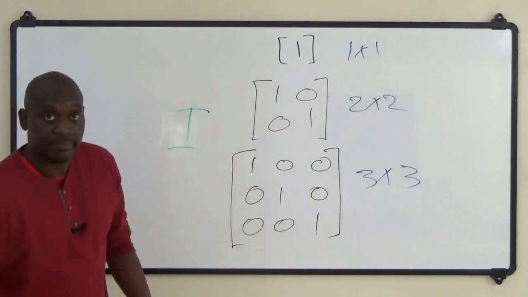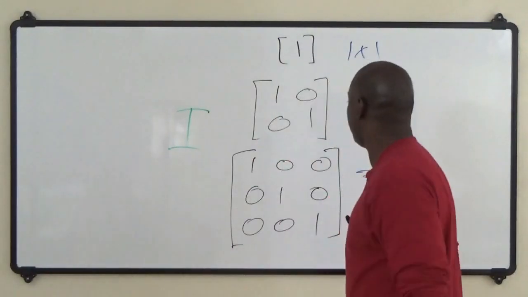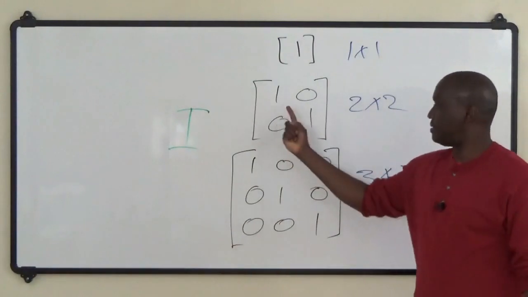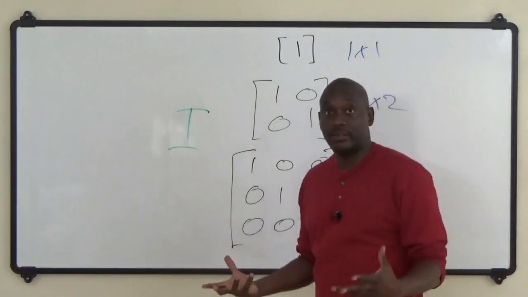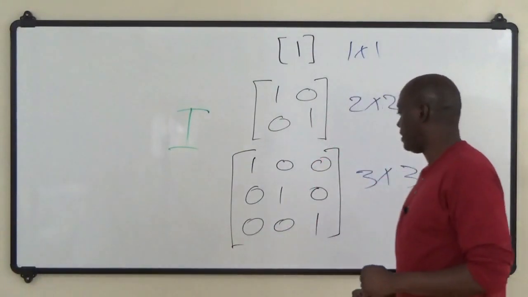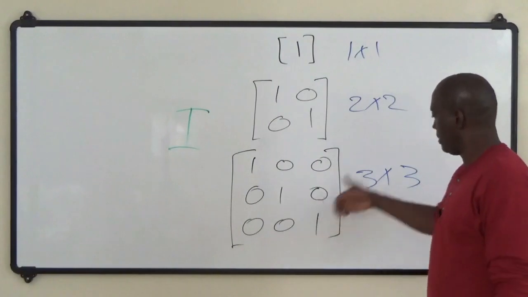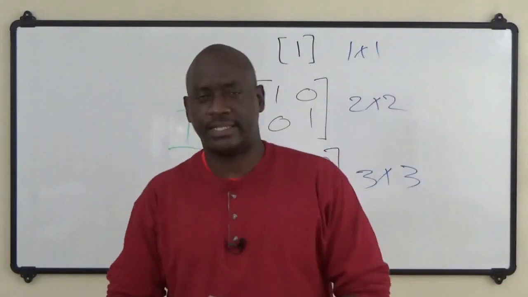The concept is the same in matrix algebra. Right? So if you take some other 2 by 2 matrix and multiply it by this, the answer you get will be the same 2 by 2 matrix that you started out with. If you take some 3 by 3 matrix and multiply it by this, the answer you get will be the same 3 by 3 matrix that you started out with.